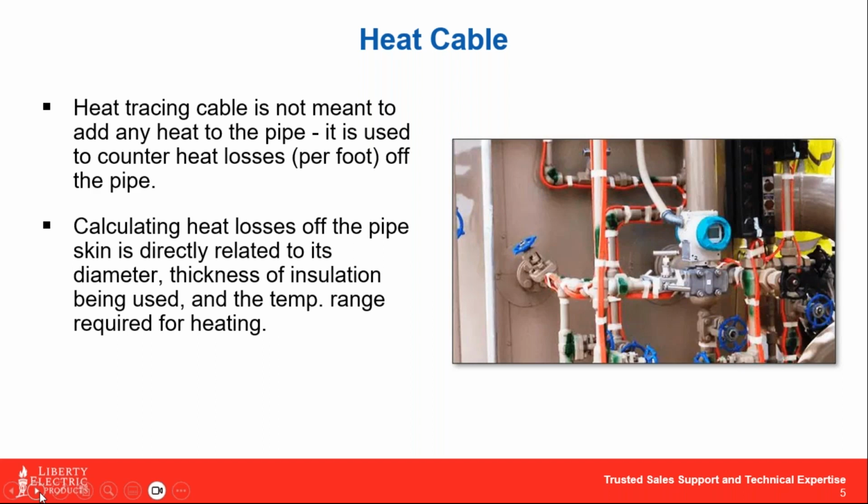It's going to be different based on what's the temperature that you're looking to maintain inside the pipe. And then, of course, what's the pipe material, how big's the diameter, and how much surface area does it have that's emitting heat off of it. And of course, how much insulation we're going to put around it as well. That's another thing that is extremely critical, because heat trace cable really cannot work effectively without its partner insulation.